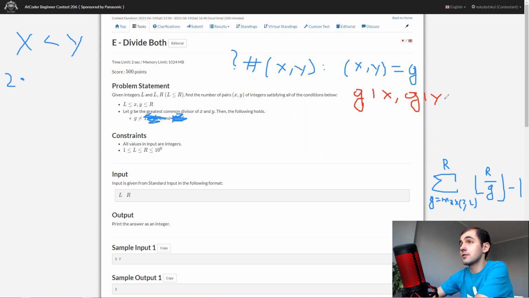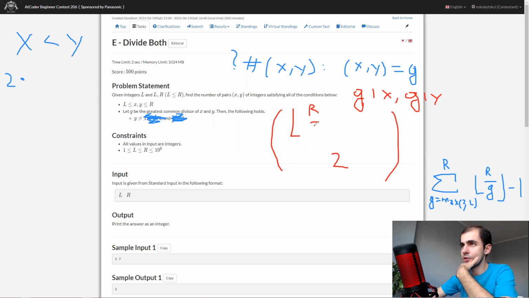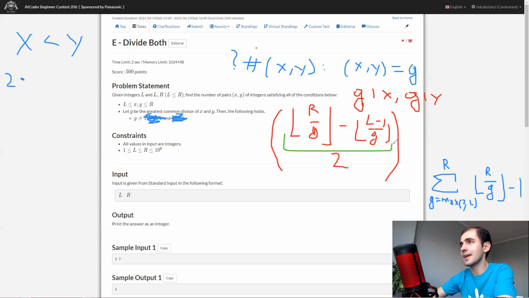First we need to answer the question: how many pairs of x and y in this range are there such that they are both divisible by g? And if you said that this is the binomial coefficient of right over g rounded down minus left minus 1 over g rounded down, choose 2, then you're right, because this value is how many numbers divisible by g there are in this range.